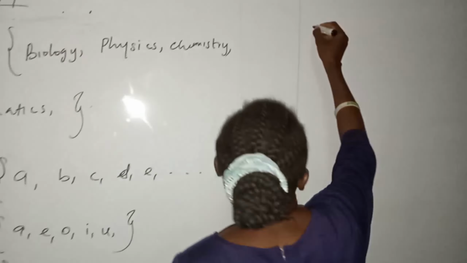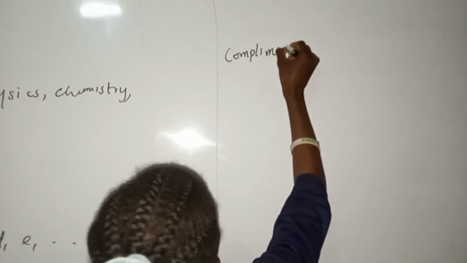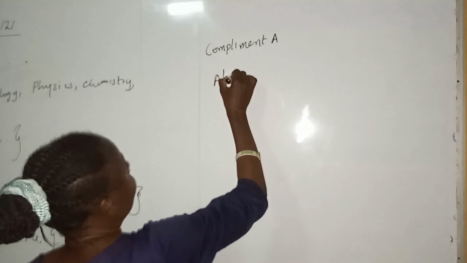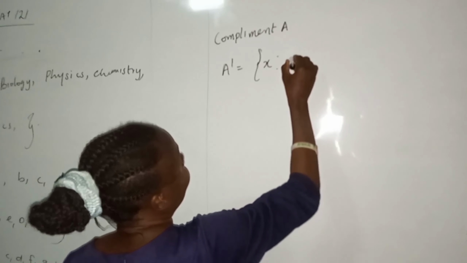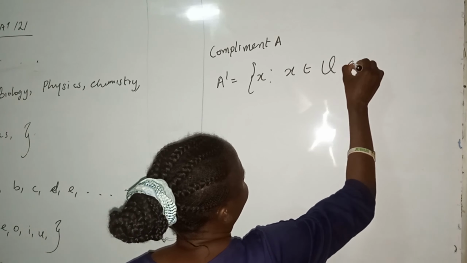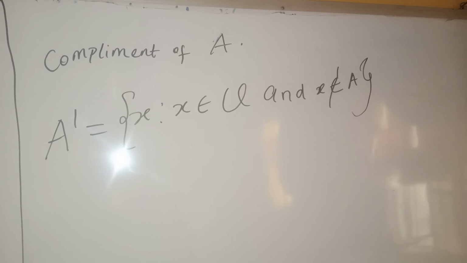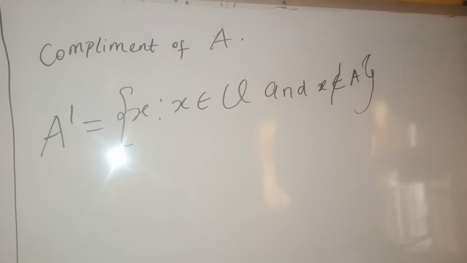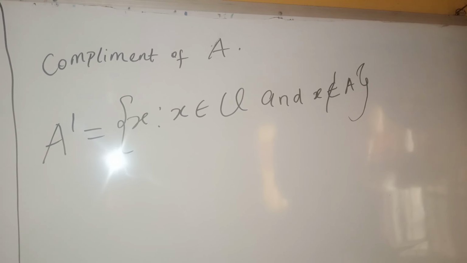So when you say the complement of a set A, that's A complement, it is the set of S such that S is an element of the universal set and S is not an element of A. It's called the complement of A.